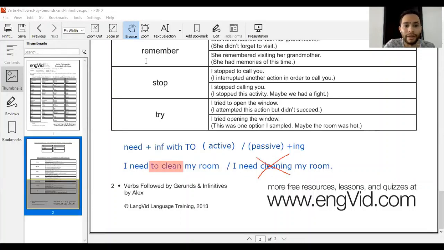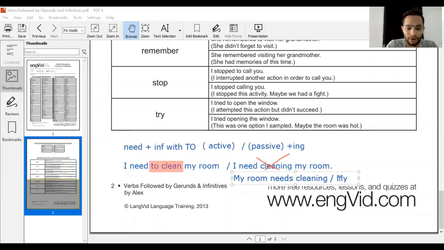Let's write the correct form. Now the correct form would be something like this: "My room needs cleaning."